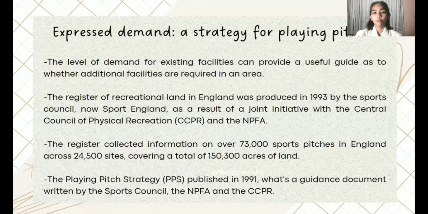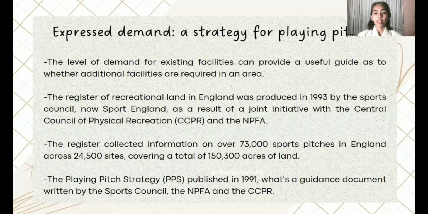The level of demand for existing facilities can provide a useful guide as to whether additional facilities are required in an area. The Register of Recreational Land in England was produced in 1993 by the Sports Council, now Sport England, as a result of a joint initiative with the Central Council of Physical Recreation, or CCPR, and the NPFA.